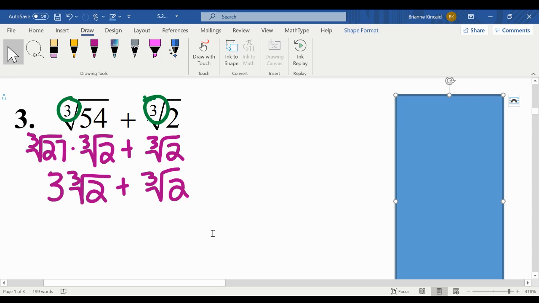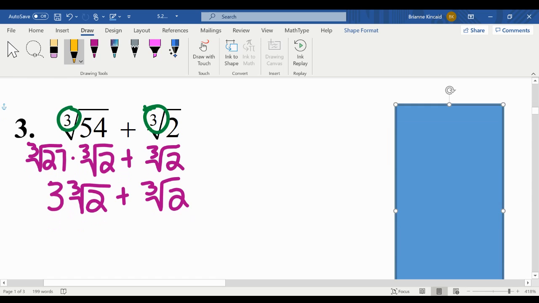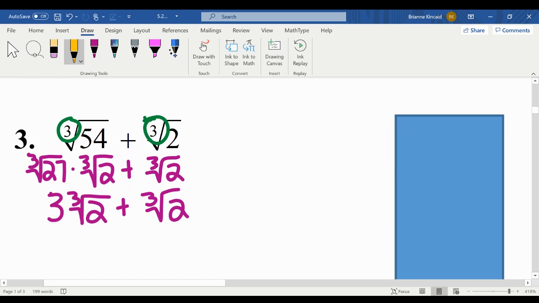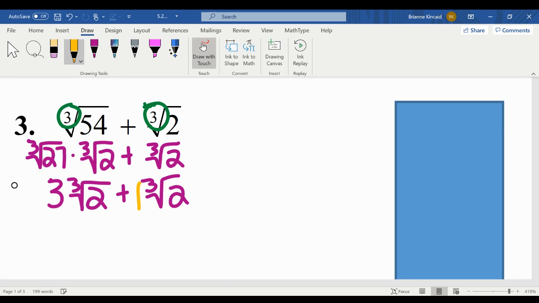So now I can just combine it like normal. And if it's helpful to you, this is not just the cube root of 2, but 1 cube root of 2. So now I can add, I have 3 plus 1 is going to give us 4 cube root of 2.